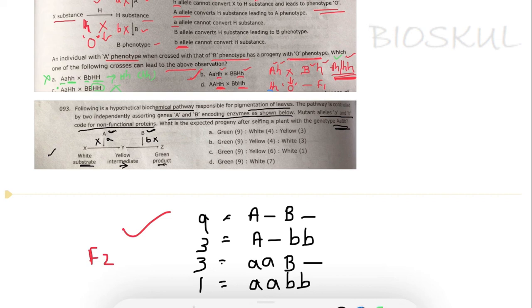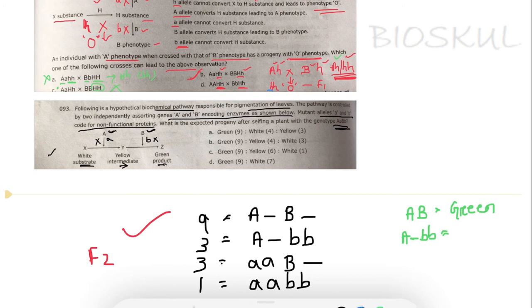In the question it is mentioned that for the production of green product we need both the genes. If capital A and capital B are present, then that will lead to green pigmentation of leaves. If either of them is mutated, then that will code for a non-functional protein. Let's say the A allele is functional, but the B allele is mutated and non-functional.